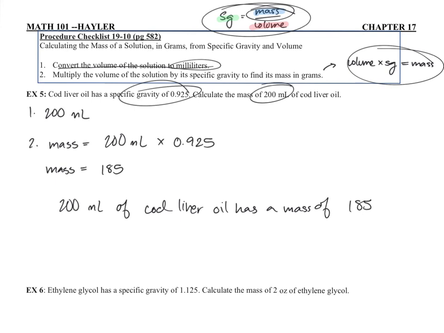And remember, mass is supposed to be in terms of grams, so I'm not going to be using these units when I'm multiplying. But for these problems, mass is in terms of grams, volume is in terms of milliliters, and specific gravity, remember, has no units. So mass is in terms of grams.